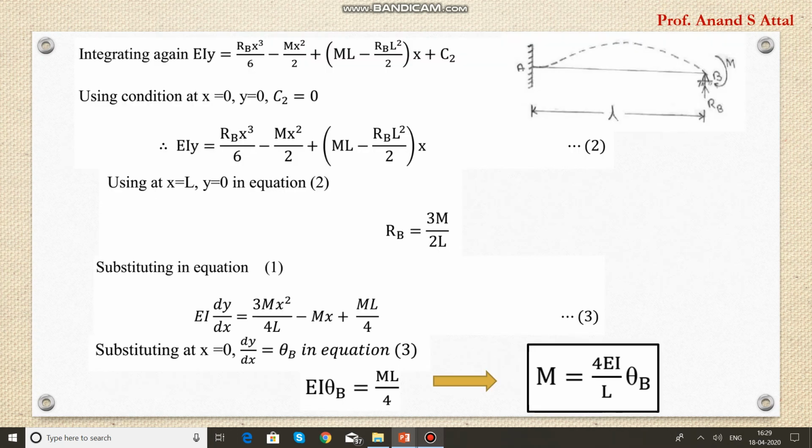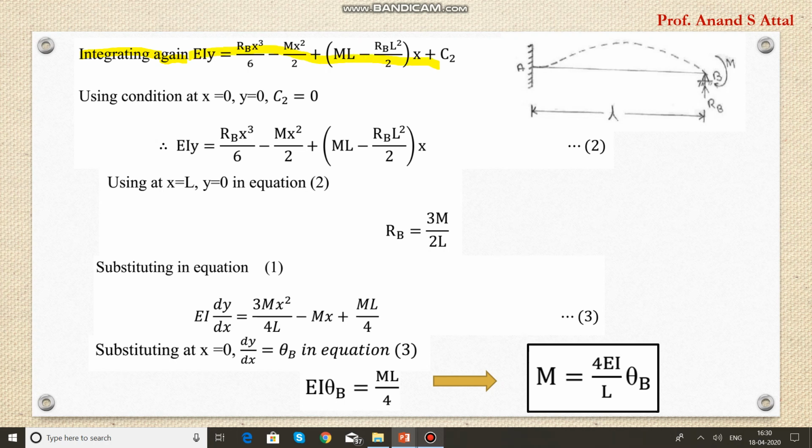Putting this C1 value in the above equation, we get equation 1: EI dy/dx = RB x²/2 minus Mx plus (ML minus RB L²/2). Again integrating, we get EI y = RB x³/6 minus Mx²/2 plus (ML minus RB L²/2) x plus C2.